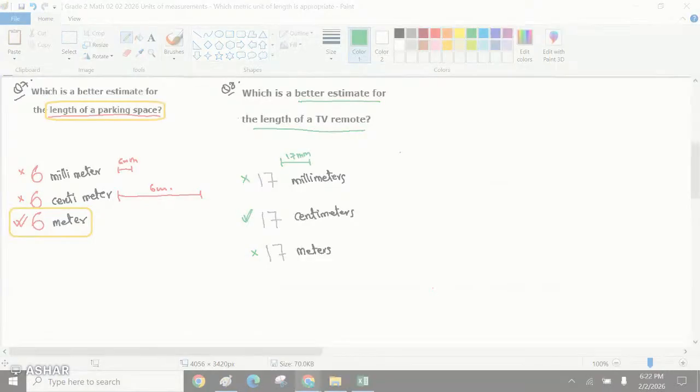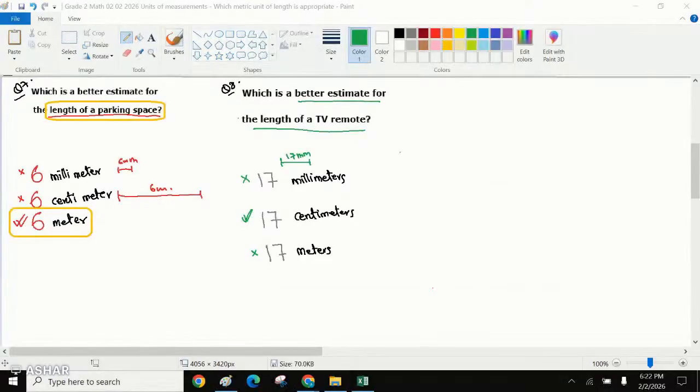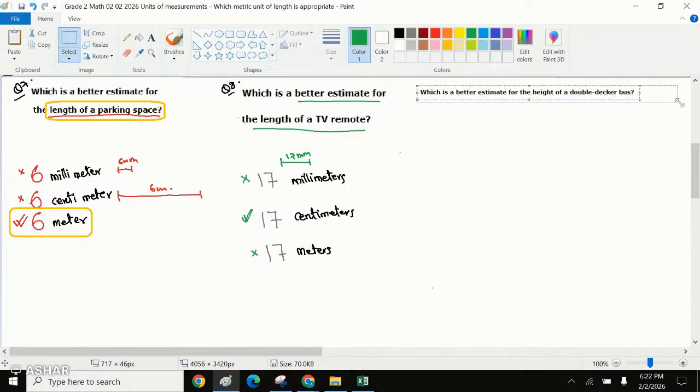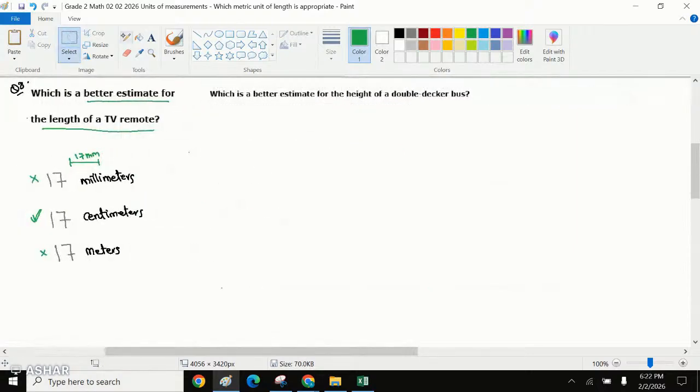Okay. Which is a better estimate for the height of a double-decker bus? Double-decker means it has two decks. That means it should be very tall. It has to be taller than a person, right? Because we sit in the bus.